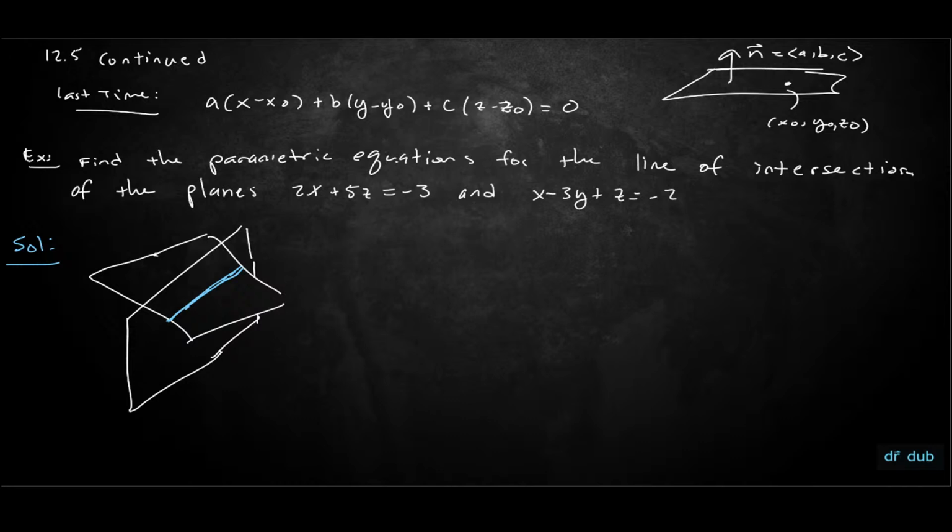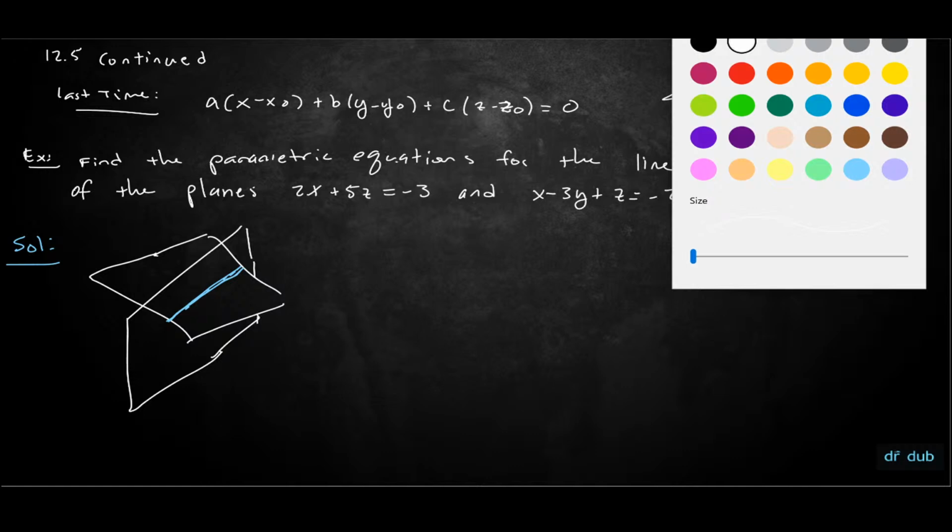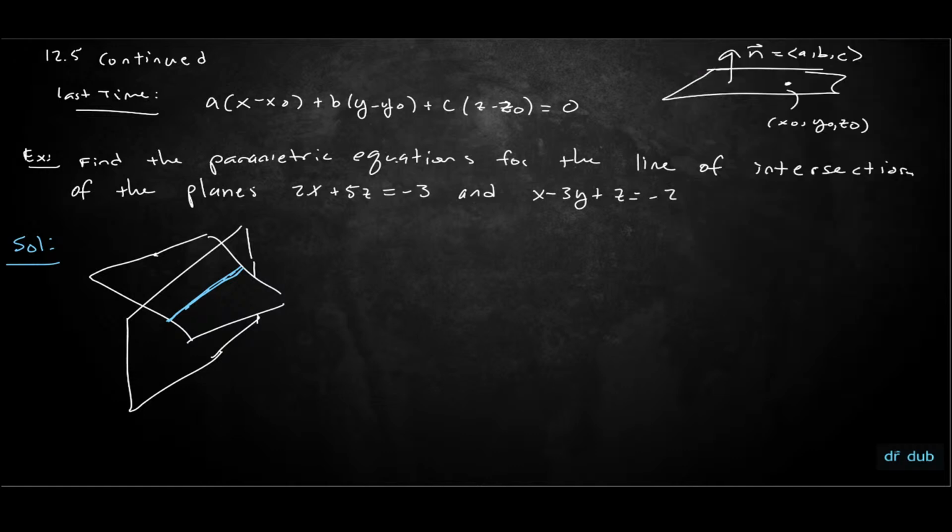So I'm trying to find the equation of this line of intersection. I'm going to find the parametric equations of that line of intersection. So to do that, well, there's a couple approaches we could take.